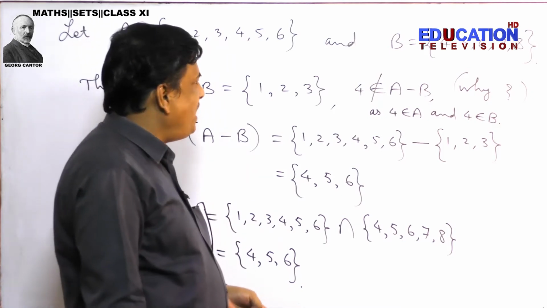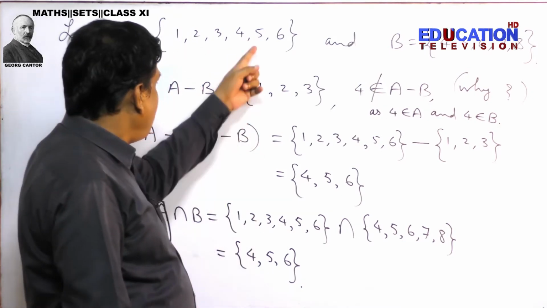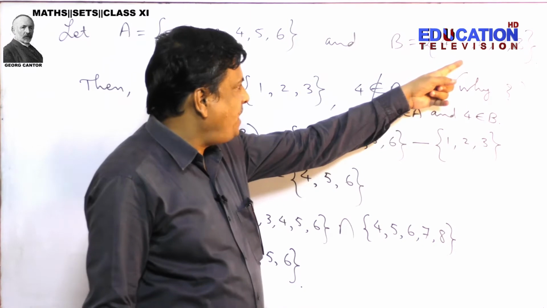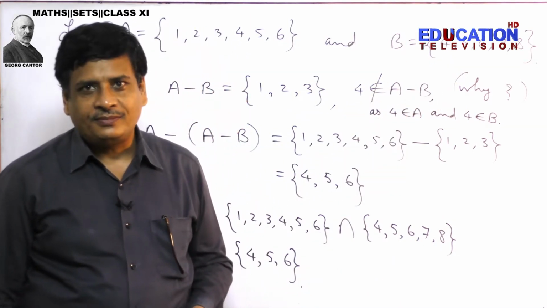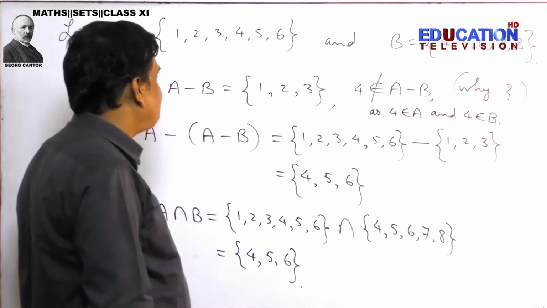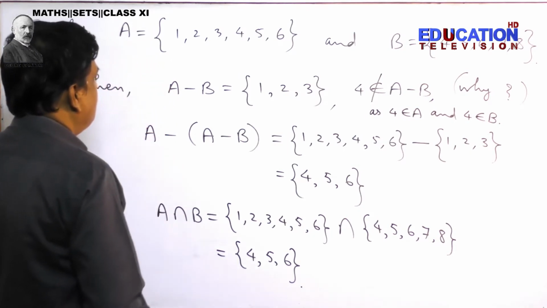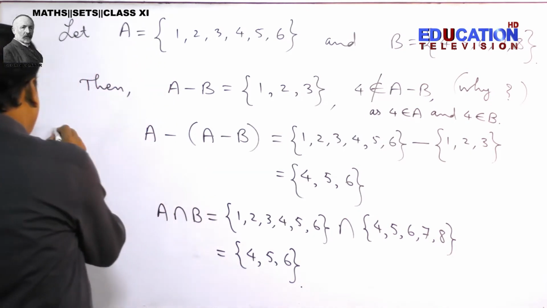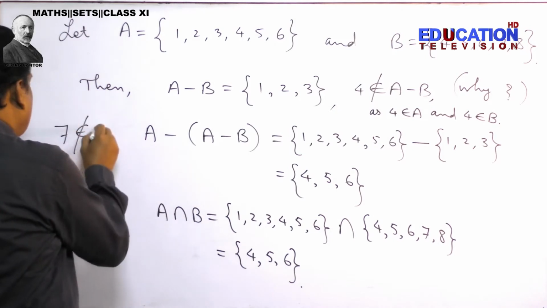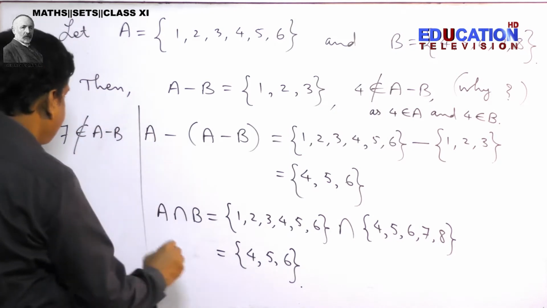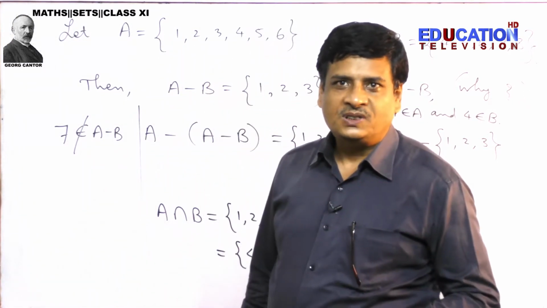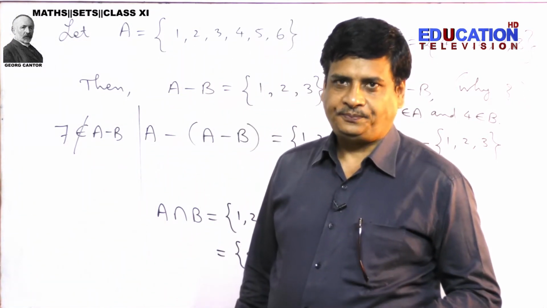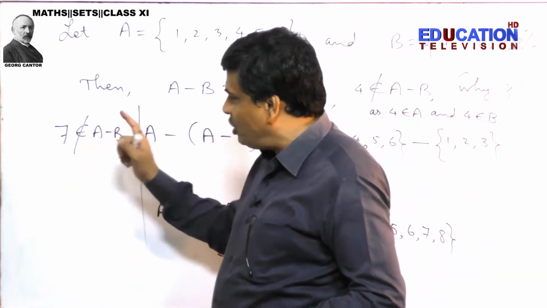Same reason for 5. 5 belongs to A and also 5 belongs to B. So 5 cannot be taken in A minus B. Why is 7 not taken in A minus B? What is the reason? 7 is not in A.